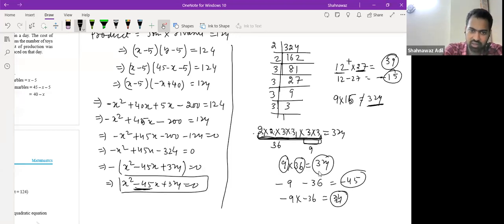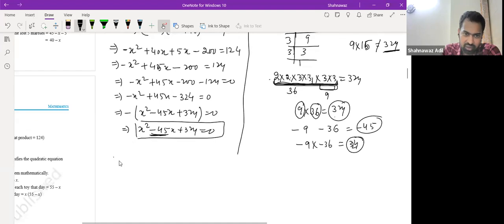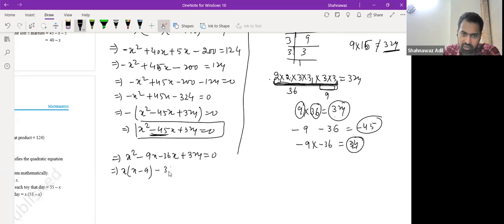So let us solve this question further. x square minus 9x minus 36x plus 324 equals 0. So x minus 9 is common, x minus 9 and x minus 36.